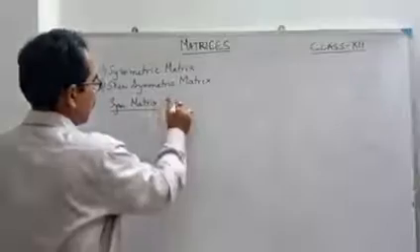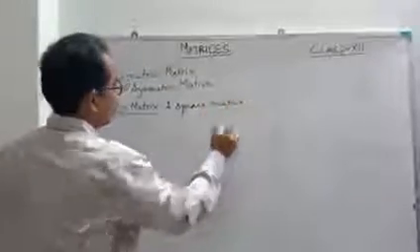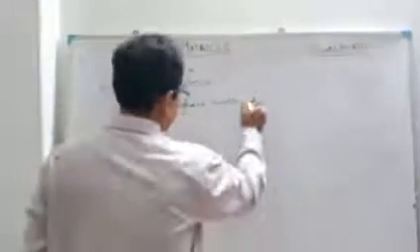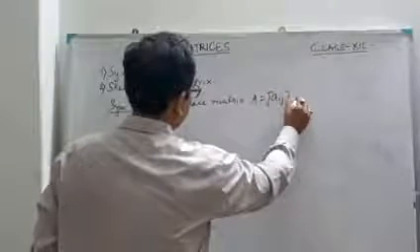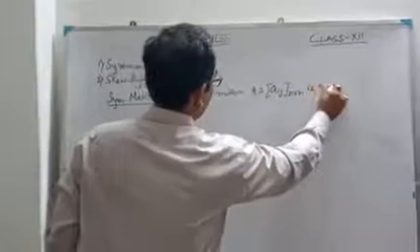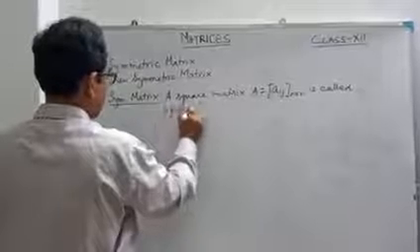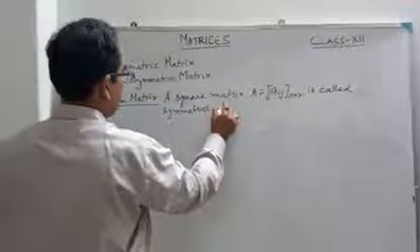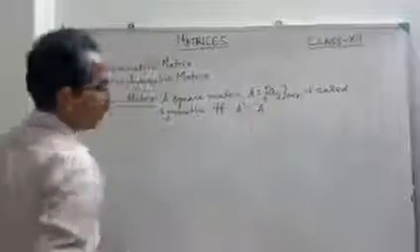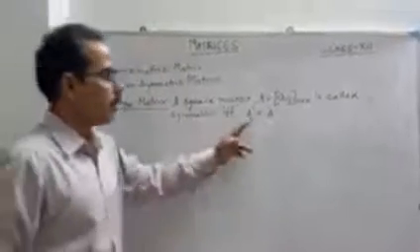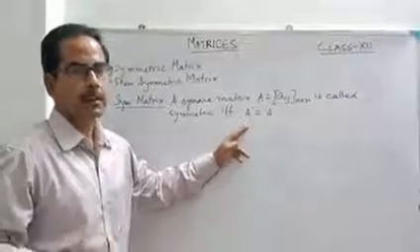A square matrix A equal to Aij, n cross n, is called symmetric if and only if A transpose equals A. That means when we find the transpose of the matrix, it is the matrix itself.